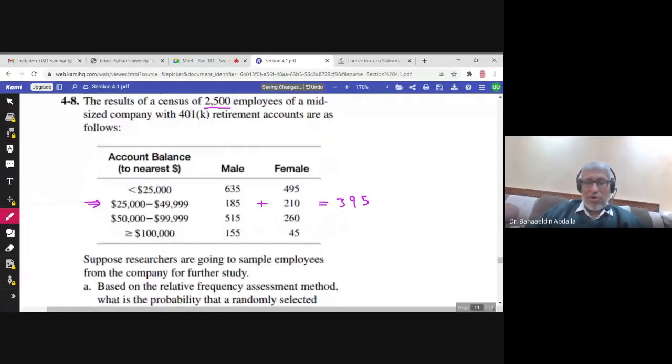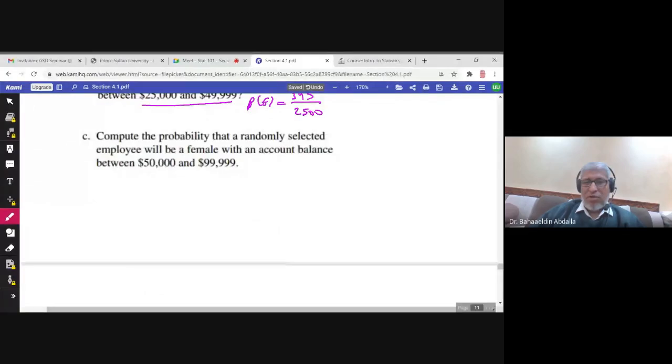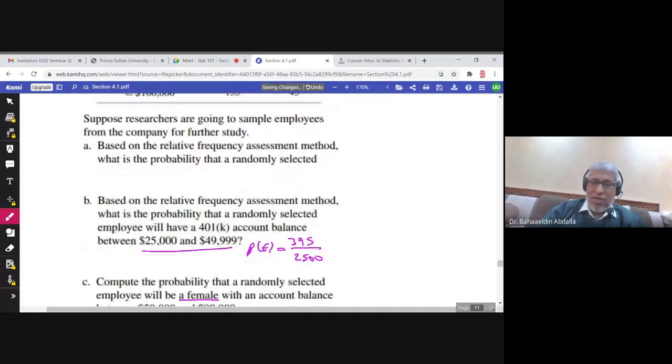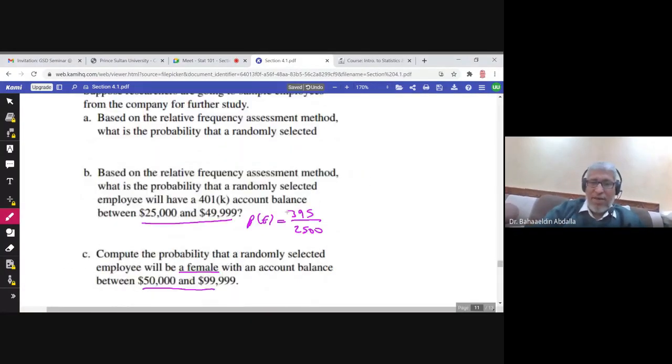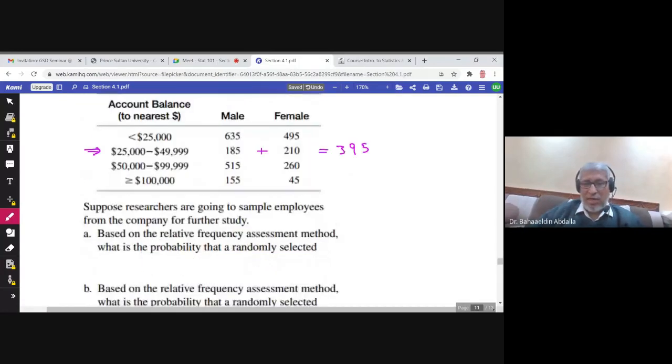You can also ask to compute the probability that a randomly selected employee will be a female with an account balance between 50,000 and 99,000. So there are two things here. It should be a female, so we look at females only, and the balance is between 50 and 99, so it is 260. This is an intersection between females and the balance.